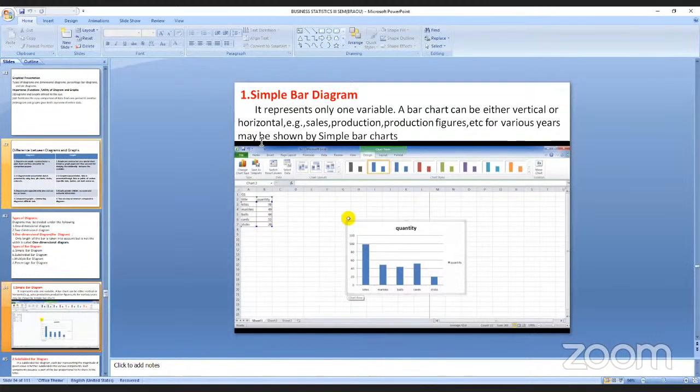On the x-axis are the variables, and on the y-axis the number of students or the quantity of the product bought. This is called a simple bar diagram.